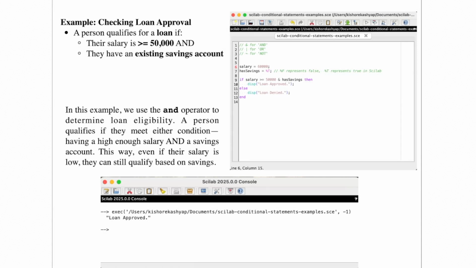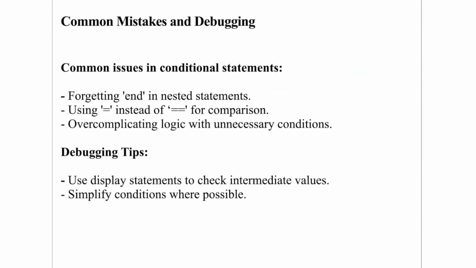With this, we have explored ways to work with conditional statements in Scilab. We will now briefly discuss some common mistakes, debugging tips, and some best practices while writing conditional statements. So what are the common mistakes?